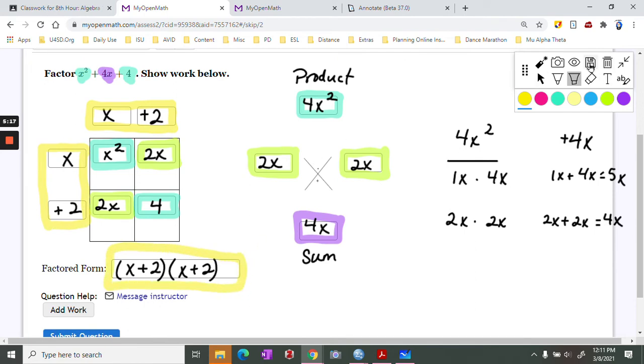Okay, the last question for day 1 review is our missing middle term problem. So what happens if we don't have a purple term? Okay, so let's take a look.